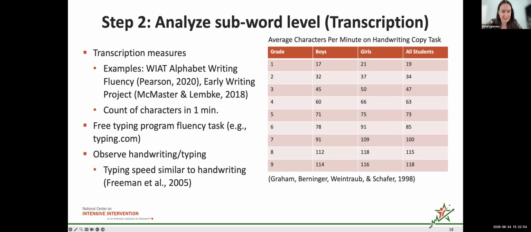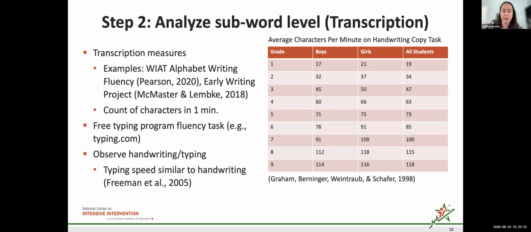And if you don't have access to these, or if you're doing this more quickly on the fly, you can also certainly just observe a student's handwriting and their typing. So we have some really nice handwriting norms out there that I've put up on the screen here. So this is from a study that Graham and colleagues did back in the 90s, but they looked at 900 students from grades 1 through 9 and developed these handwriting norms here.